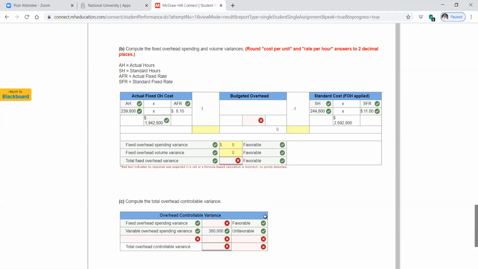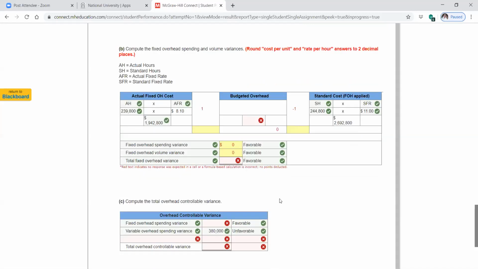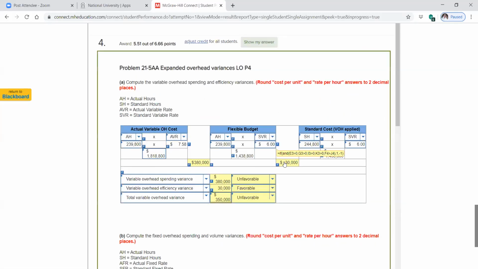I already completed 4B, because I saw where you got the fixed budgeted overhead cost. Now for the one below, for C, where it says compute total overhead, I already pulled the fixed overhead spending variance, which is 450,800. But what else do I have to include for that third line?